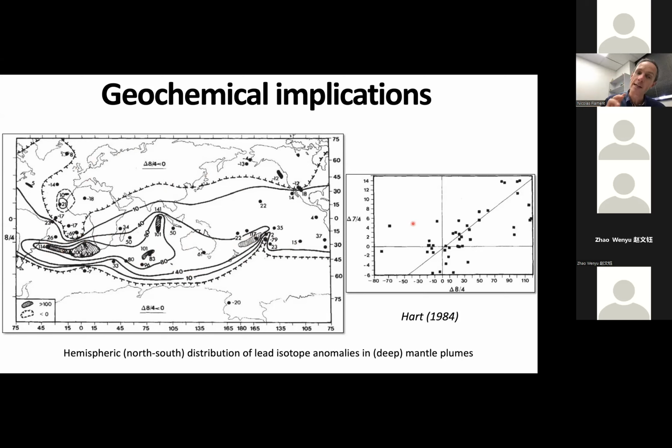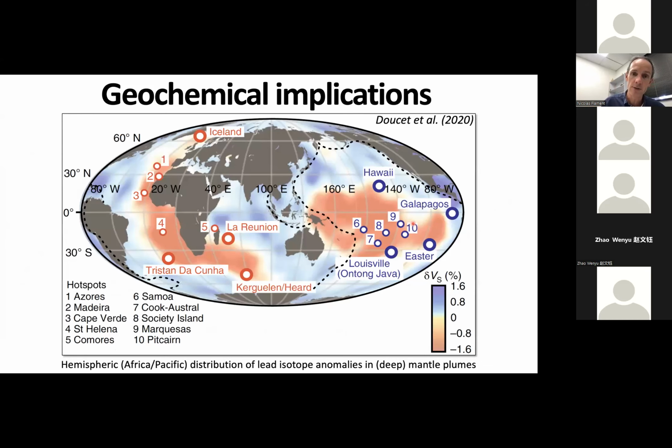And so the interpretation was that there's a southern part and a northern part to the mantle. This was revisited a couple of years ago by Luc Doucet and others at Curtin. Well, Luc is at Curtin, maybe some of the collaborators there aren't. What Luc and others did is select a number of plumes, and I use the word select because it's important.